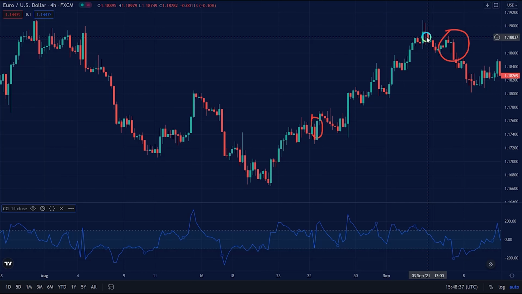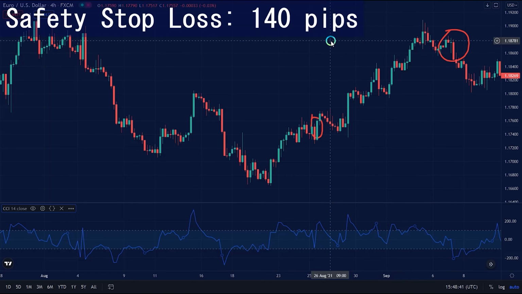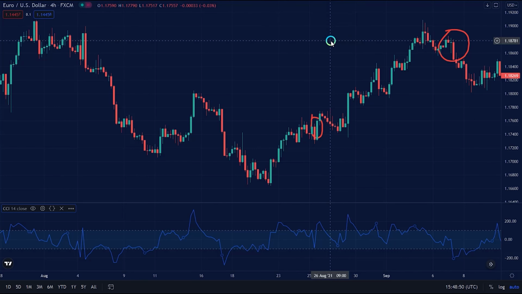You have to use a safety stop loss of approximately 140 pips with this strategy, just to make sure that if a crisis or crash happens, you won't blow your account. You will have one or two losing trades, but that is completely okay, because most of the time it is just one losing trade.